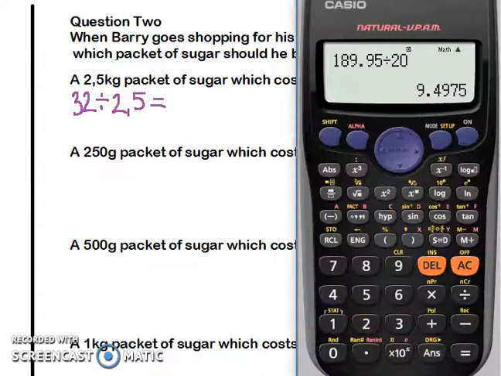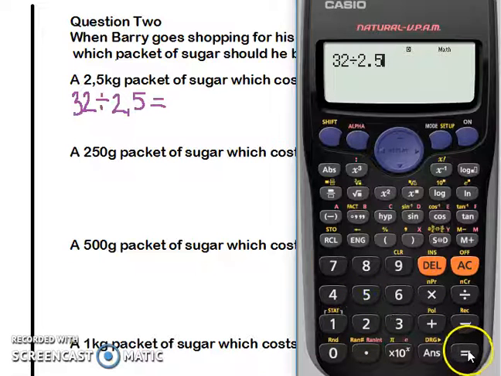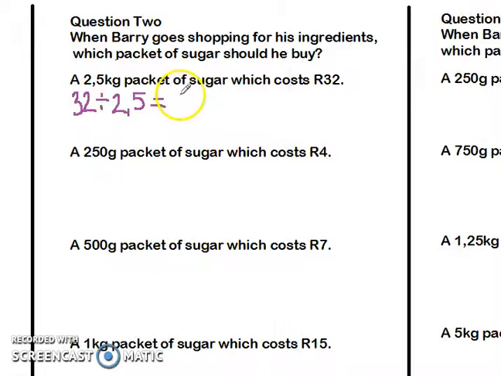Once again, use your calculator. There's no way you'll be able to do this in your head unless you are amazing. I'm not saying you're not amazing, but I'm just wondering if it really is worth the time you spend on it. So in this case, for 1 kilogram of sugar, it's going to cost 12 rand 80.